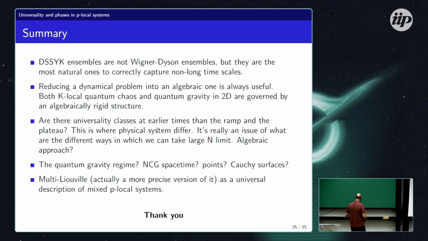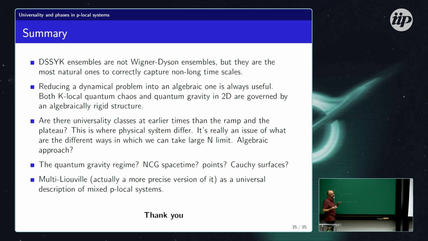We've been talking a lot, excessively, some people might say, about the ramp and the plateau coming from two-dimensional gravity. These terms are always there in any chaotic system that is not too fine-tuned.